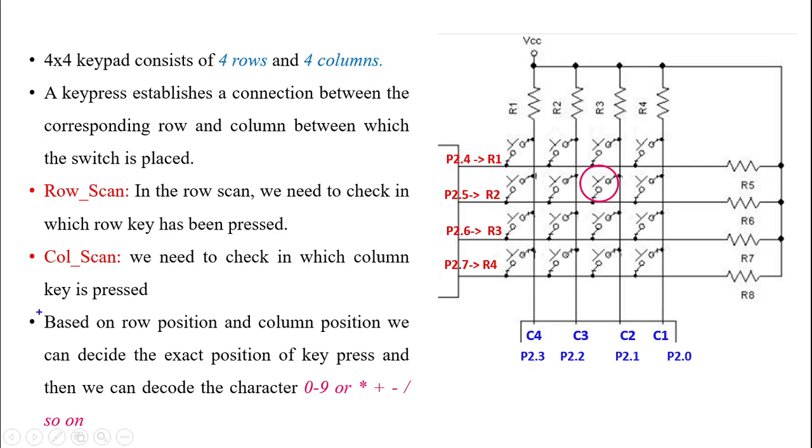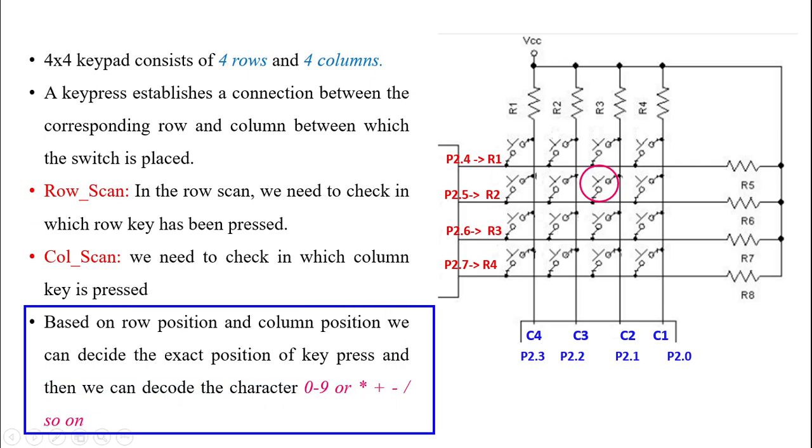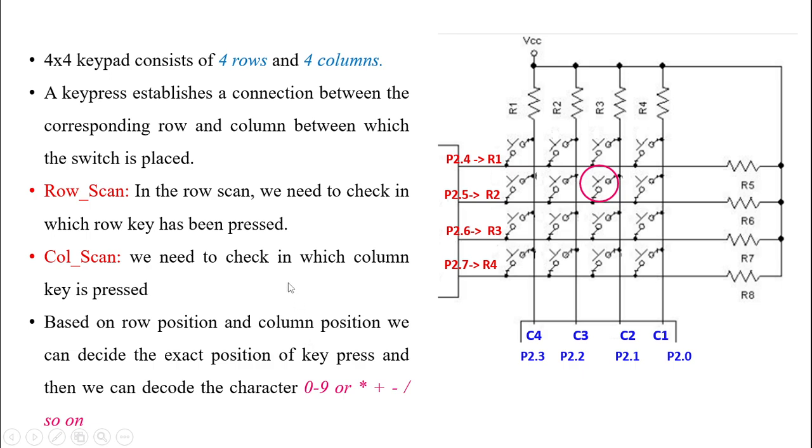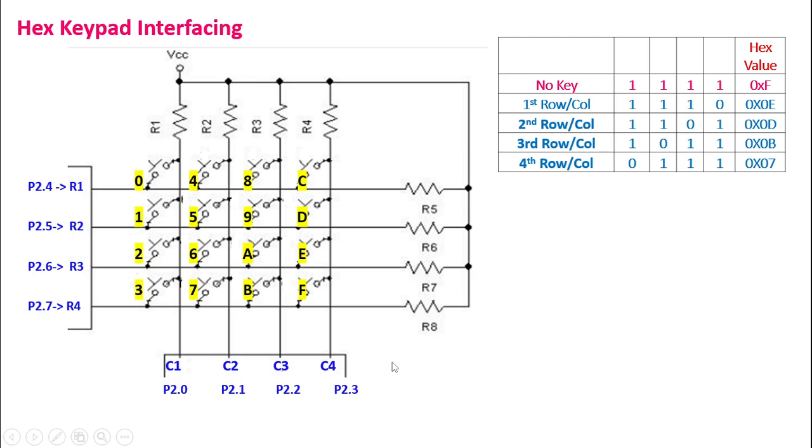Now, based on the row position and column position, we can decide in which row and which column the key is pressed and which character that position corresponds to, so that we can identify either it will be 0 to 9 or any special functions such as multiplication, subtraction, minus, and so on, almost all English characters. Okay, so in this way we can identify the key closure in the hex keypad. Okay, in detail we will see in this slide.